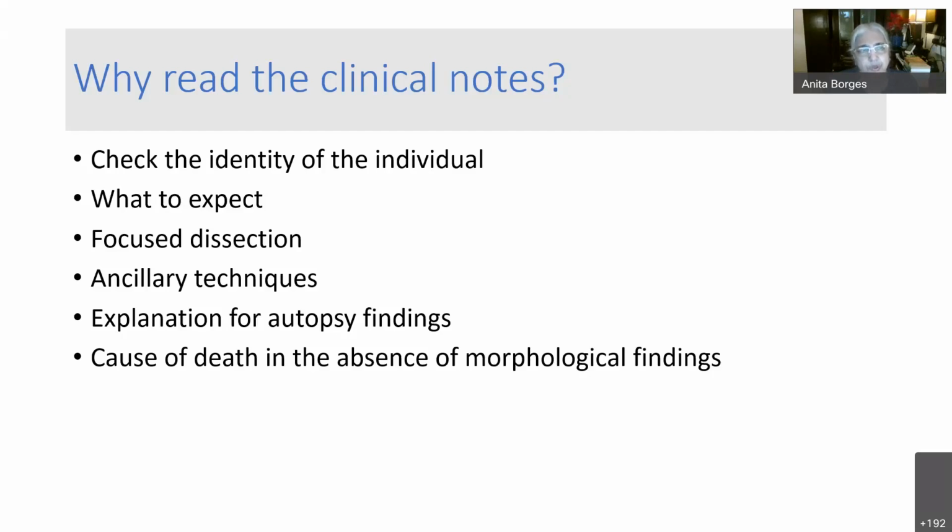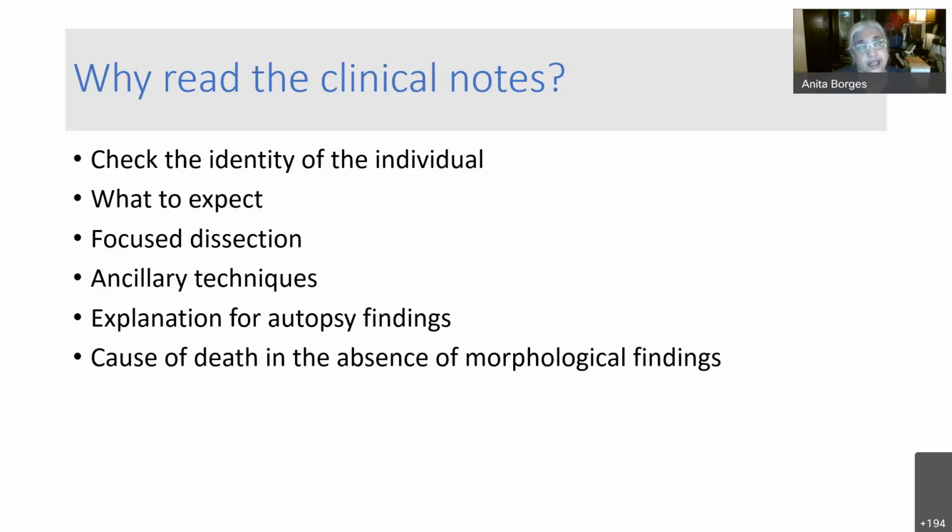You can also anticipate what kind of ancillary techniques you might need, whether it's microbiology or molecular pathology. In other words, you may need to send something off for PCR. You may need something sent for virology if there is a question of a viral illness.